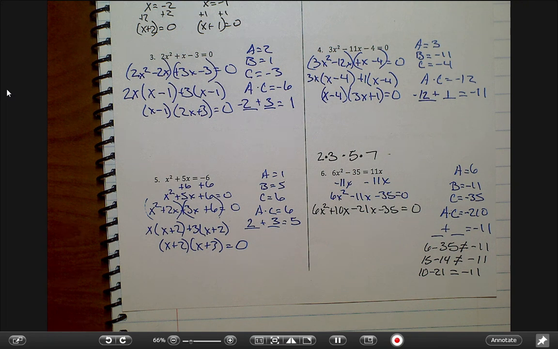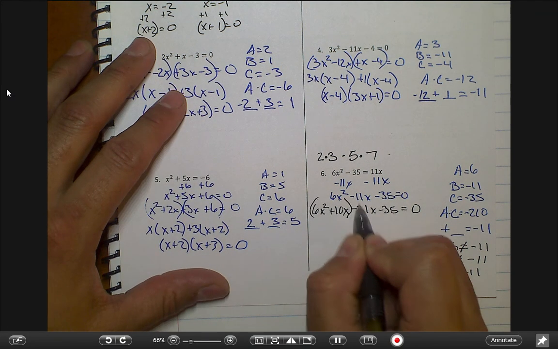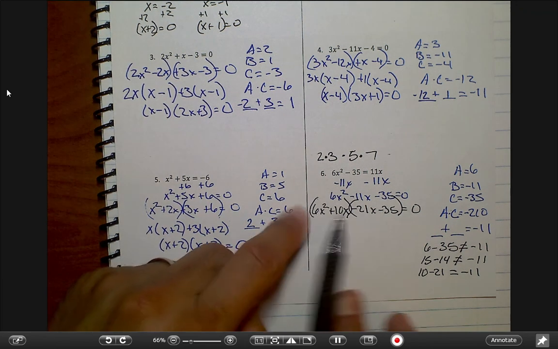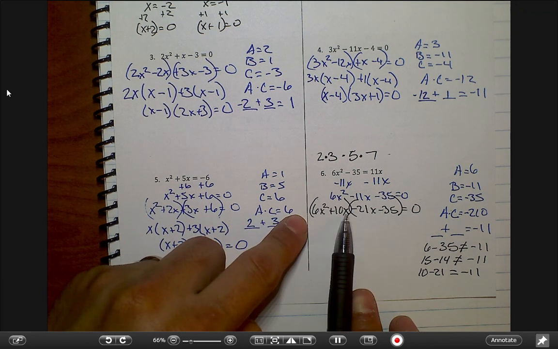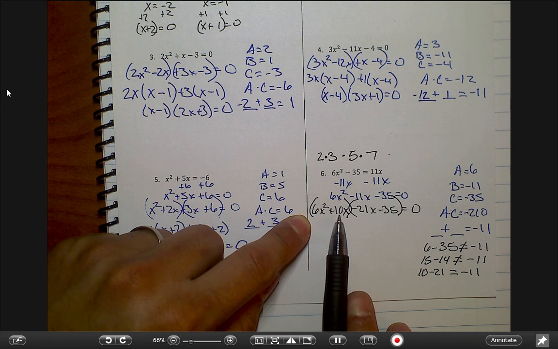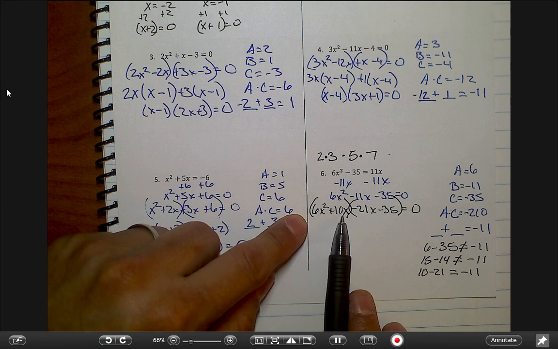Okay, now I'm going to group them like I have been. But these groups are going to be a little bit bigger. What do both of these have in common? Let's start with the 6 and 10. You can divide it by 2, because 6 times anything is not going to give me 10. So they both have a factor of 2.